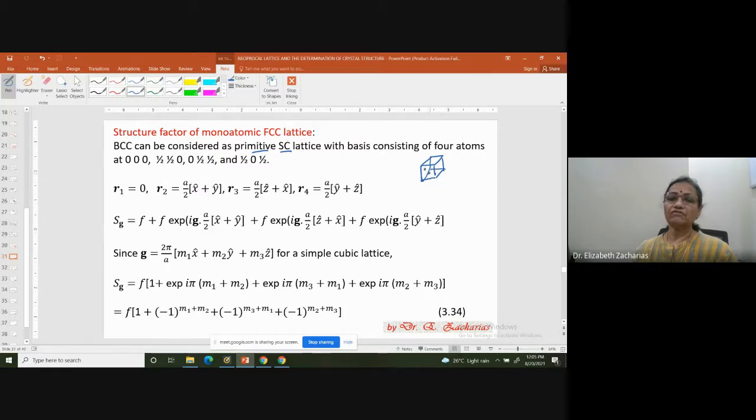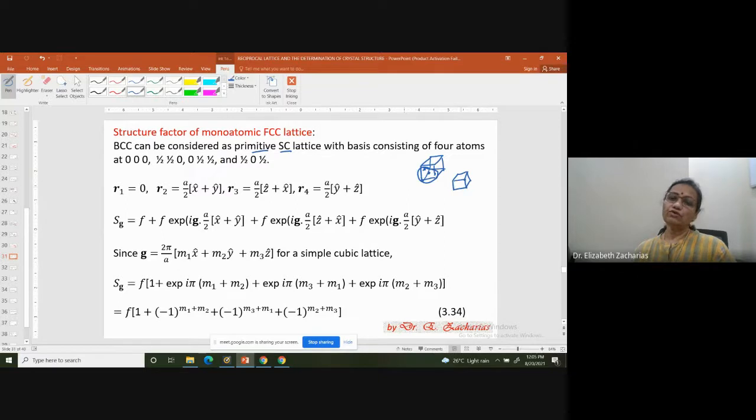One on the face in front, one on the left face, and one on the bottom. So you have to consider your basis as this cluster of 4 atoms. If you consider your basis as this cluster of 4 atoms, then you can treat this lattice structure as simple cubic.